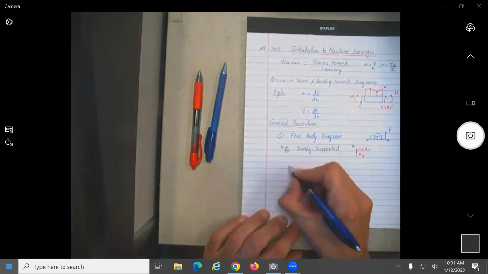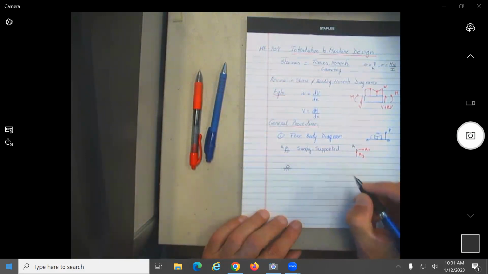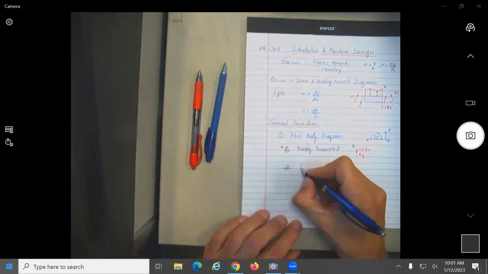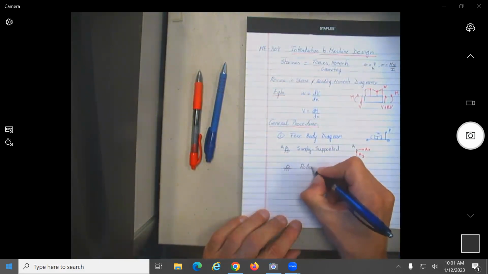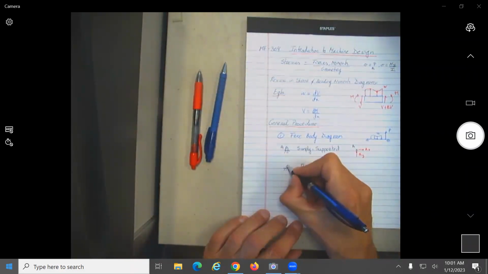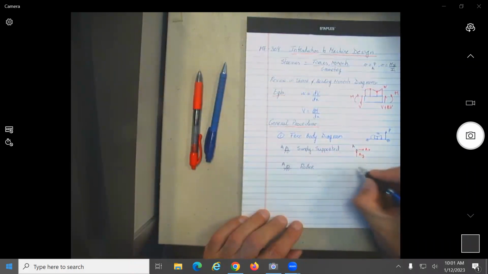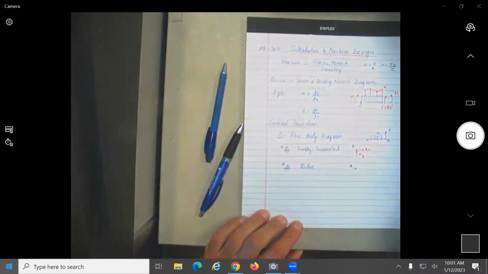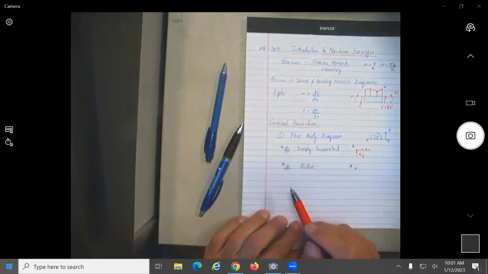Okay, what could be another boundary condition that we have over here? What would this boundary condition be called? Can we call it a roller? And if you need to replace this one, you will replace it by what? What's the difference between this one and this one?